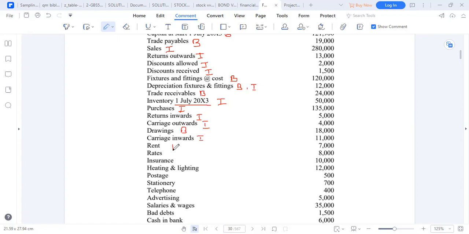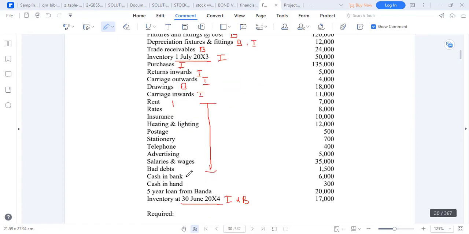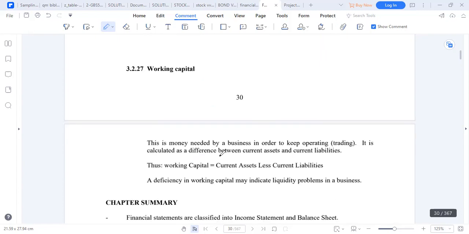Rent, income statement. Fittings and fixtures, all these are expenses up to here, income statement. But the bank, cash at bank, balance sheet. These are current assets, balance sheet. 5-year loan, balance sheet. All right, so the key thing is firstly identify where these are for. And now let's start posting.